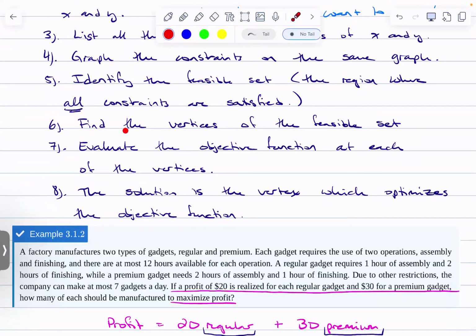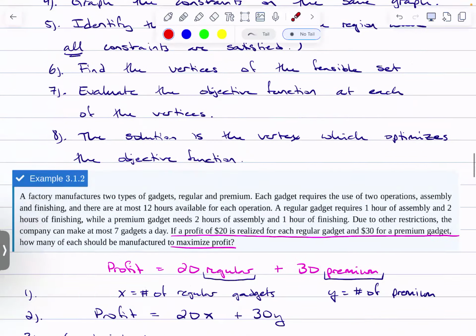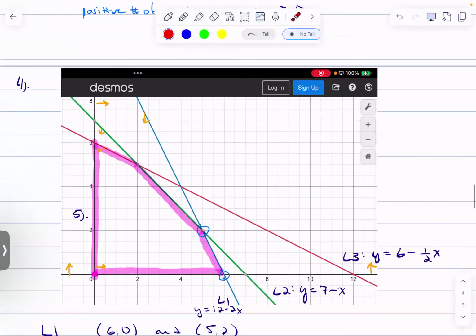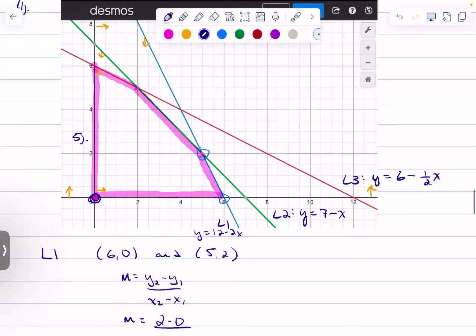Find the vertices of the feasible set. A lot of these are a little bit easy, like the y-intercept and x-intercept, but you're going to label each of these vertices. Let's call them A, B, C, D, and E, starting at (0, 0) and then working around clockwise.